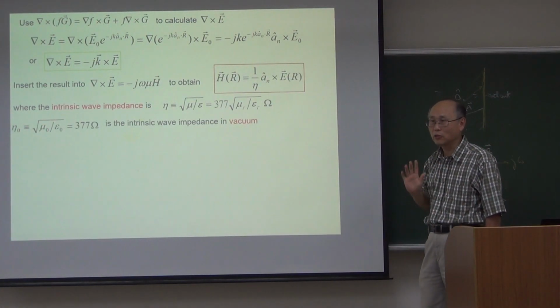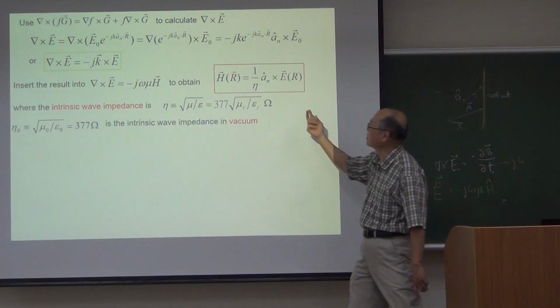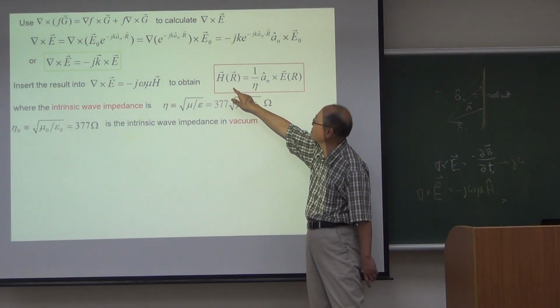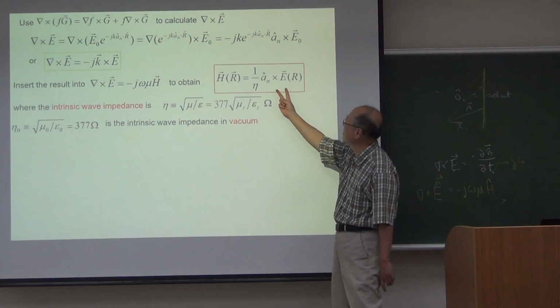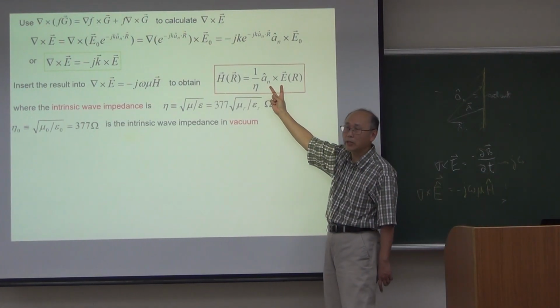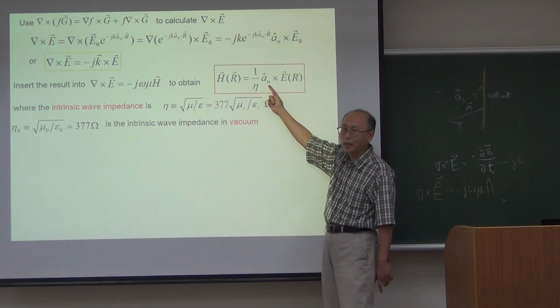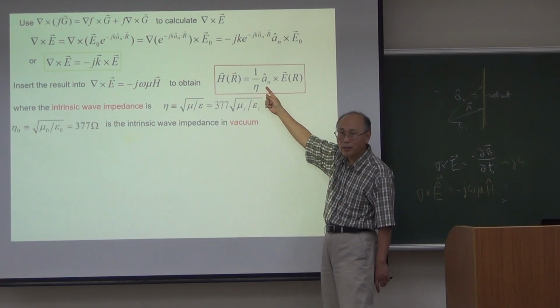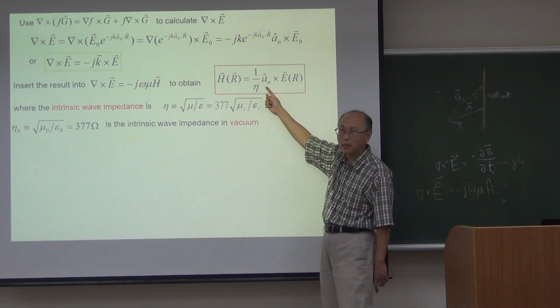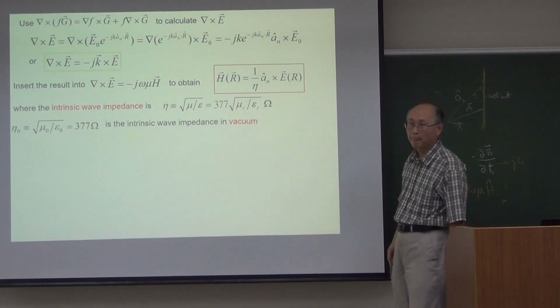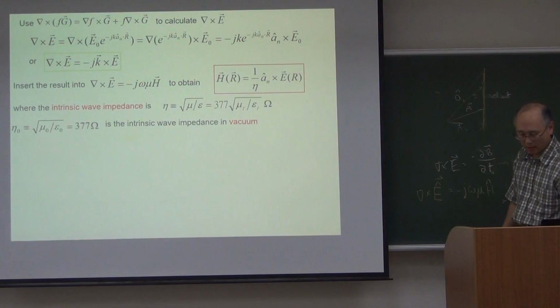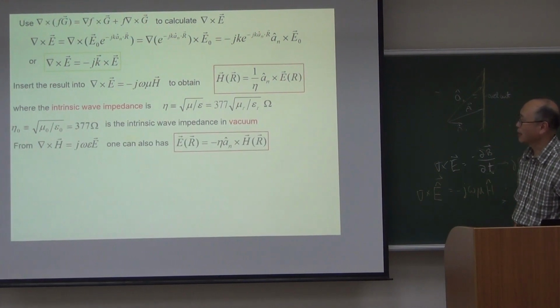By definition of the cross product, it tells you the directional relationship between H and a_n, H and E, but not between these two. And remember this a_n is the surface normal of the wavefront.